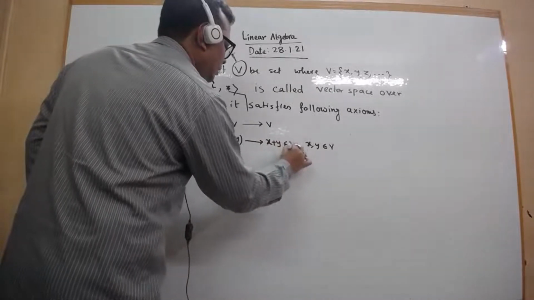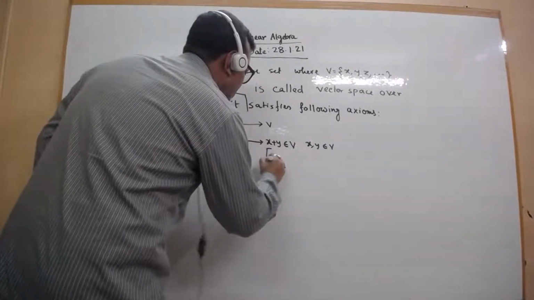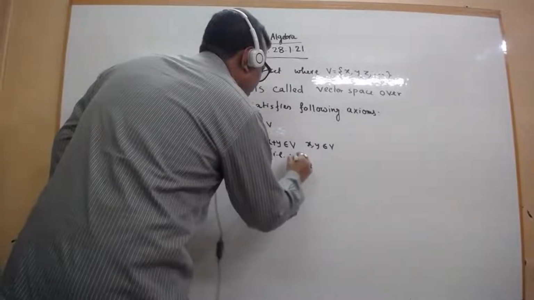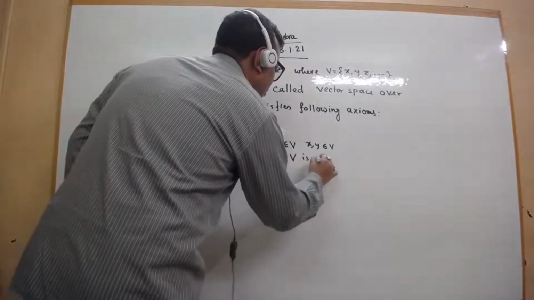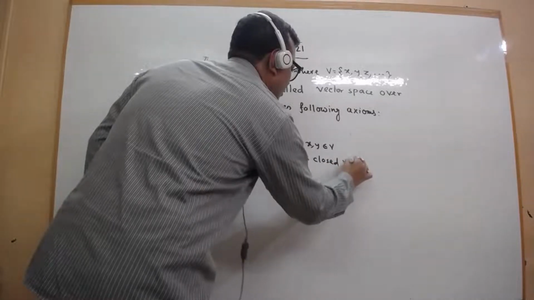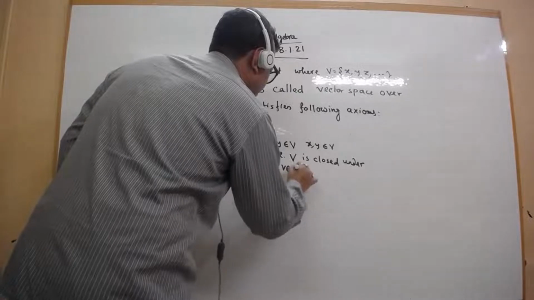If this also belongs to V, this is called the closure property, that is, V is closed under vector addition.